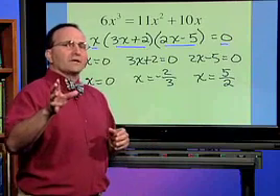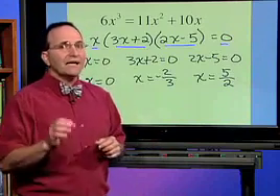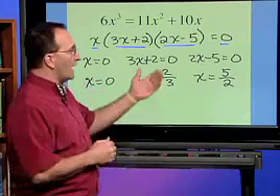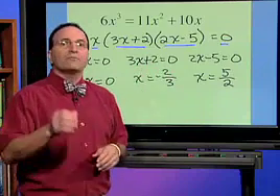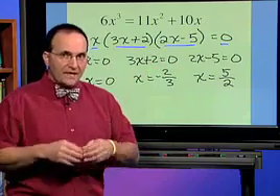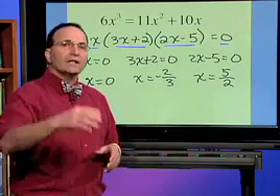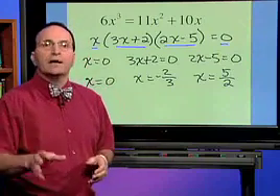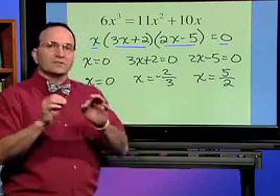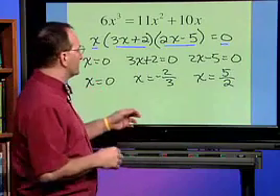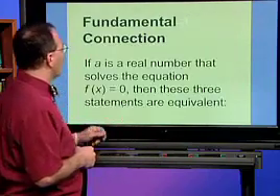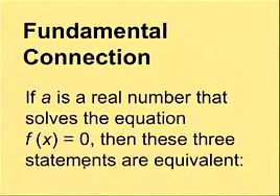Every method of solving an equation usually comes down to finding where the expression equals 0, as in this example. If we use f of x to denote the algebraic expression in the variable of x, then the following connections can be made between finding those zeros and f of x. If a is a real number that solves the equation f of x equals 0, then these three statements are equivalent.